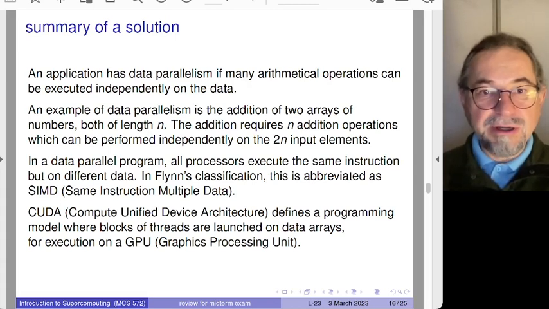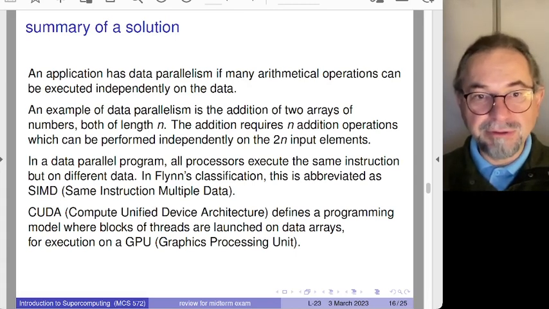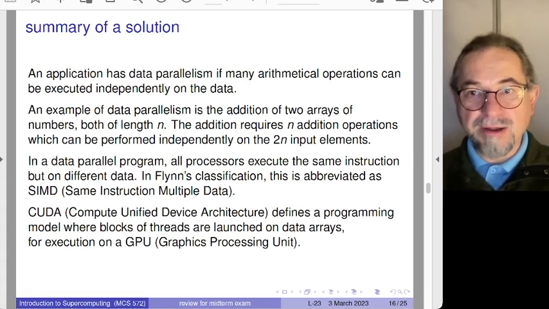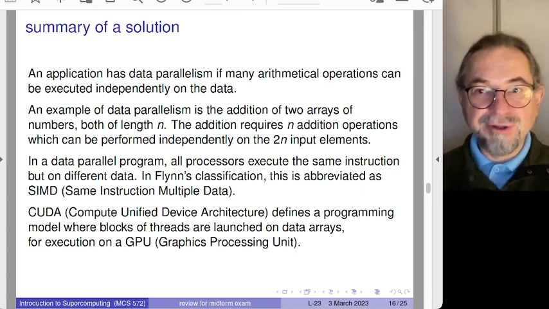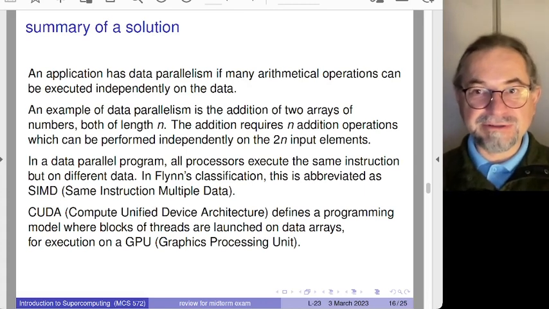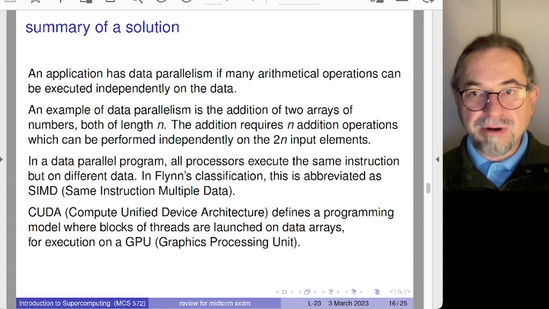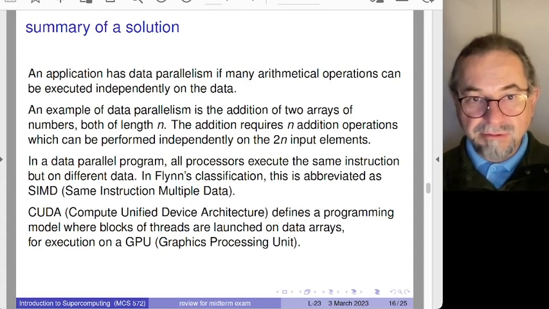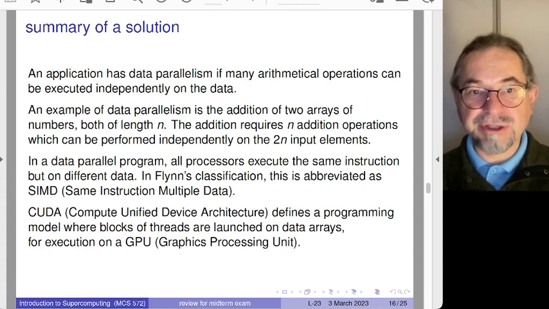So there is the Compute Unified Device Architecture, which defines a programming model that is derived from graphics processing, and the unified device is what we have discussed. It's unified in the sense that graphics processors may run in graphics processing mode or in general purpose computing mode.